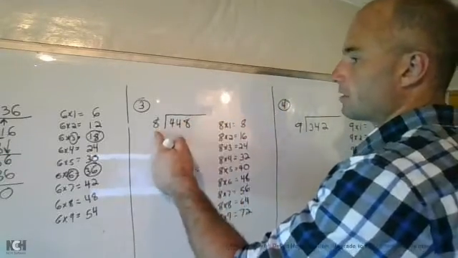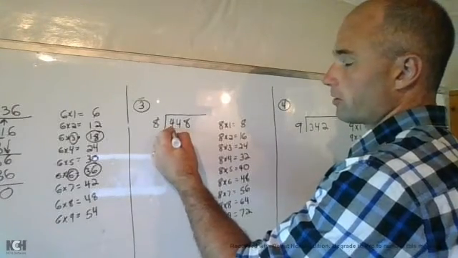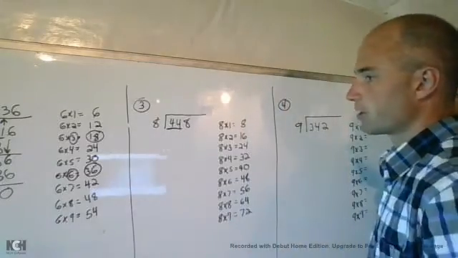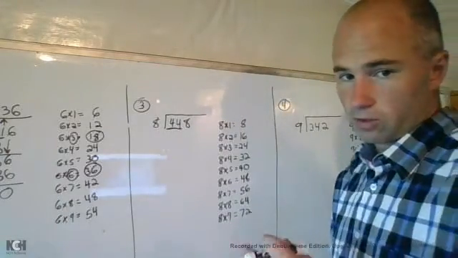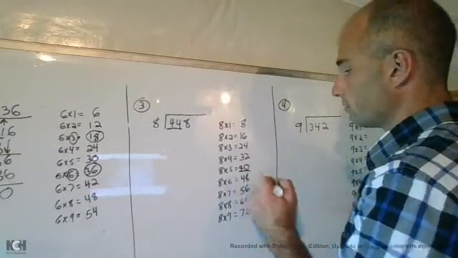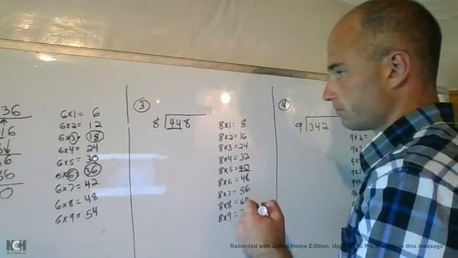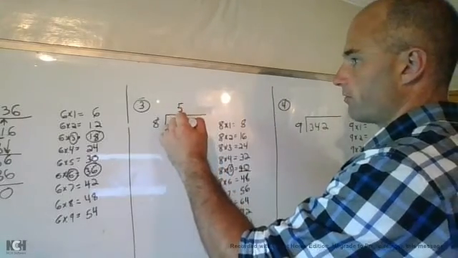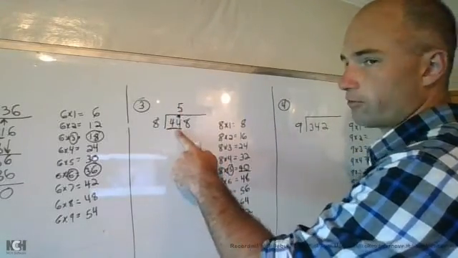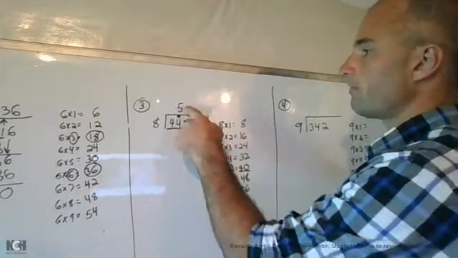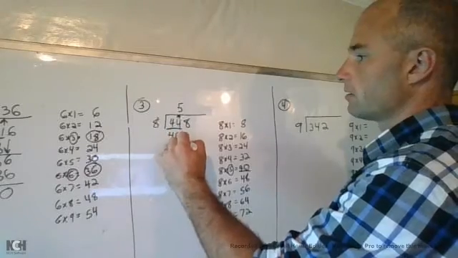How many 8s go into 4? Well, 8 can't go into 4, but 8 can go into 44. The closest I can get to, hopefully, is what you came up with, which was 40. It took me 5 times to get there. 5 goes above the second 4, the 4 from 44. 5 times 8 equals 40.